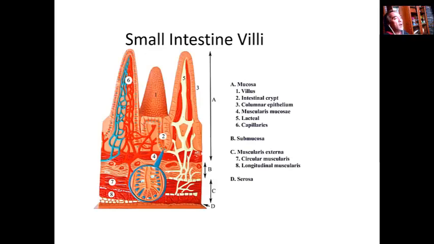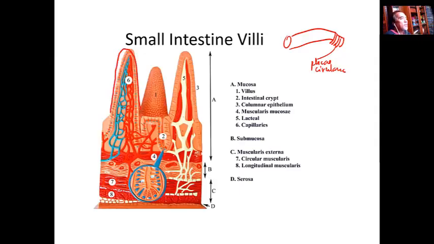All right, now we're looking at the small intestine, and remember we've noticed that the small intestine has those circular folds. Within the tube of the small intestine, you can see circular folds inside. The circular folds are called the plicae circulares. Within the plicae circulares, you can see some villi. Those are called your villi.